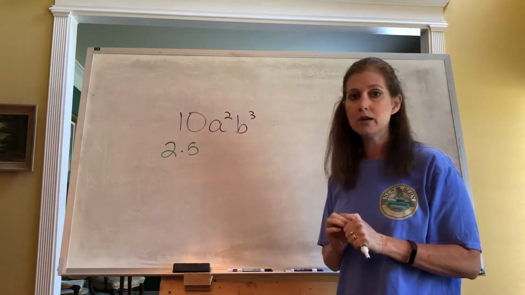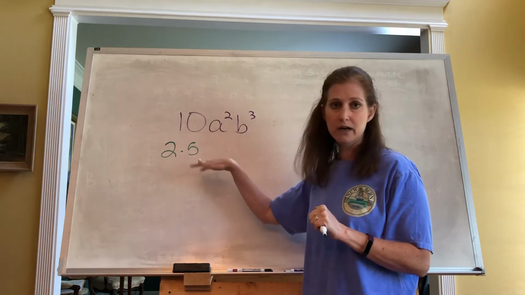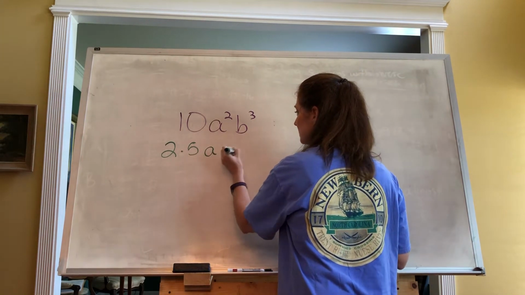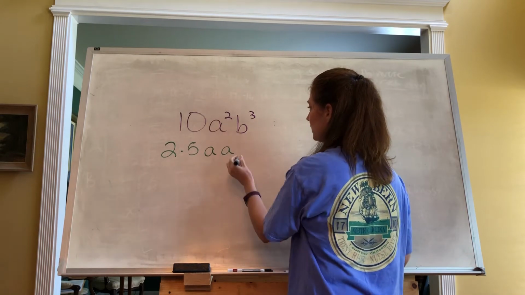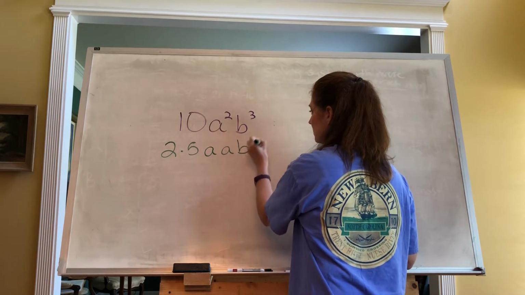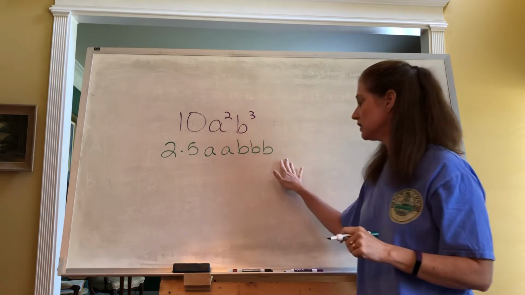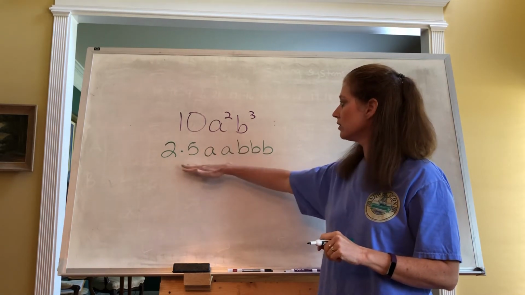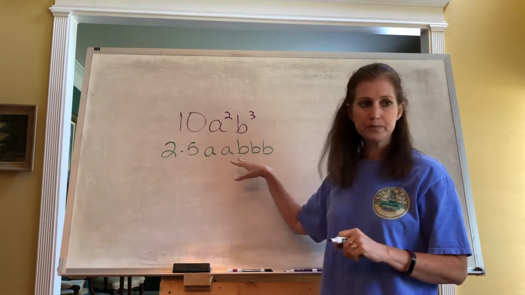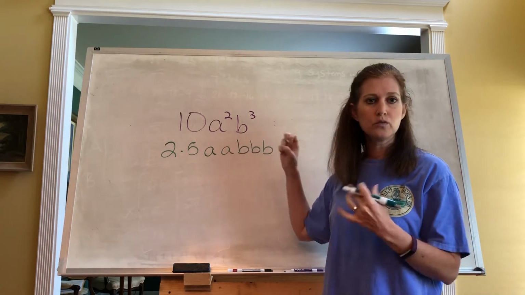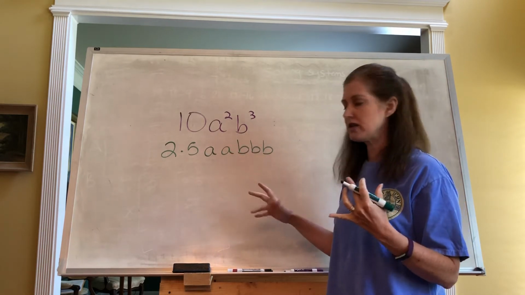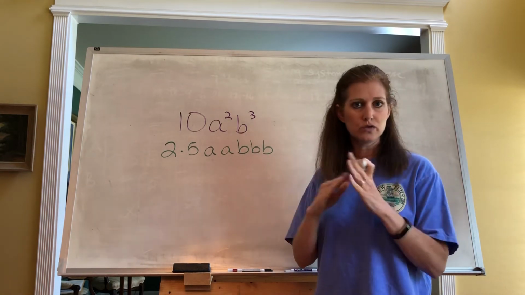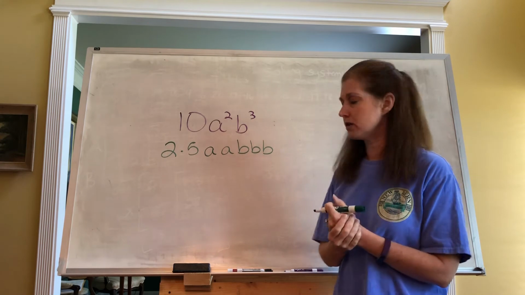Okay, 2 does not break down any further, and 5 does not break down any further. And then we have 2 a's, because I have a squared, and I have 3 b's, I have b cubed. So this would be turning this monomial into its factors. When your homework says factor each expression, this is what it means, taking it down to the parts.